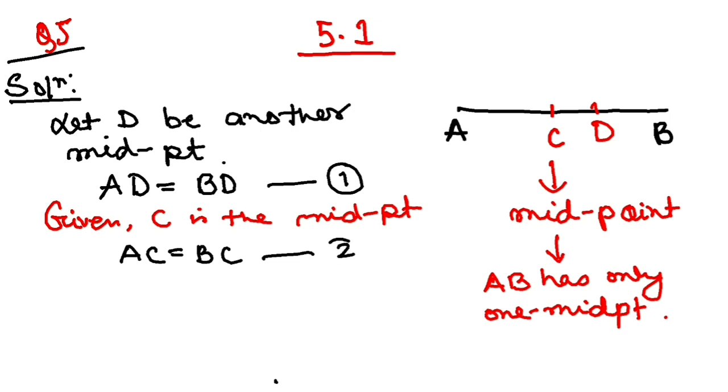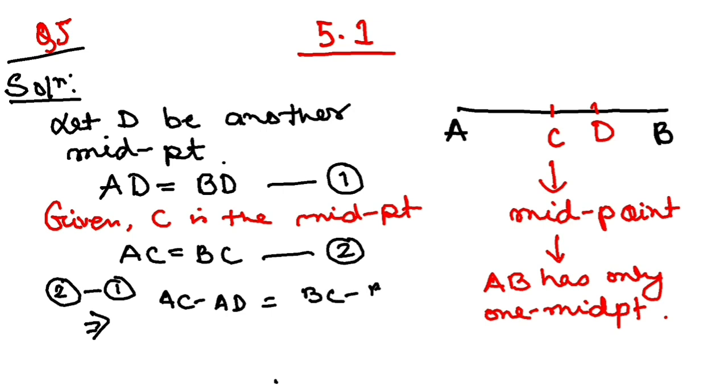This is number 2. So if I do 2 minus 1, so I have AC minus AD. So I have AC minus AD equal to BC minus BD. AC minus AD means minus CD. BC minus BD means another CD.